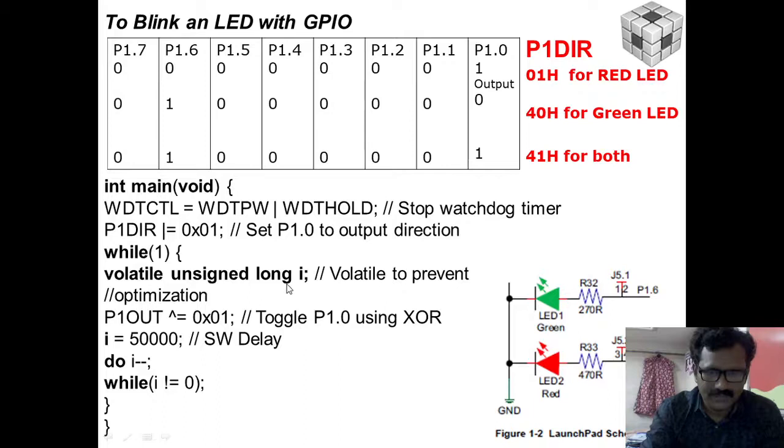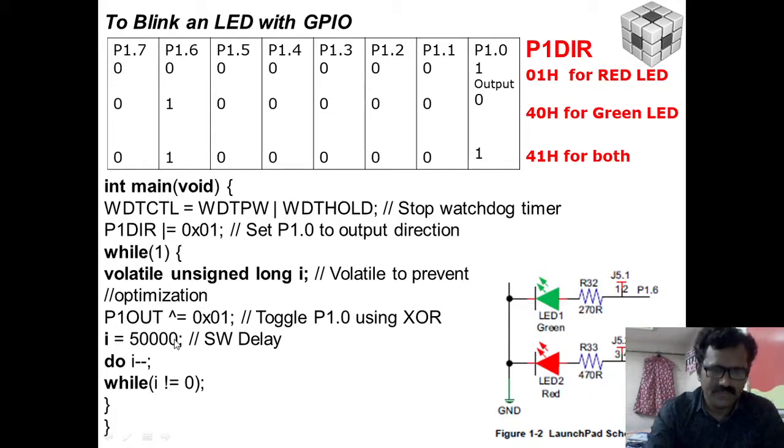Then volatile unsigned int i. And now P1OUT is equal to P1OUT XOR, the caret symbol is XOR, for our XOR operation we use this symbol, and 0x01. So this will toggle P1.0.